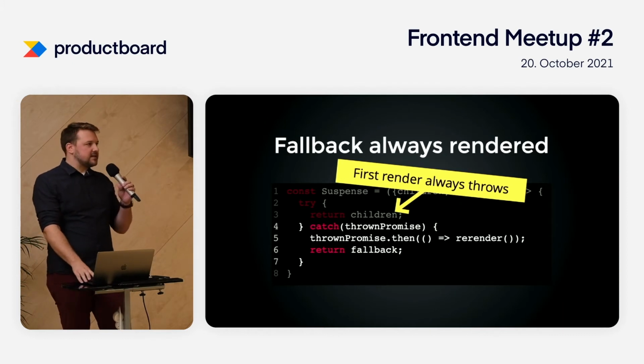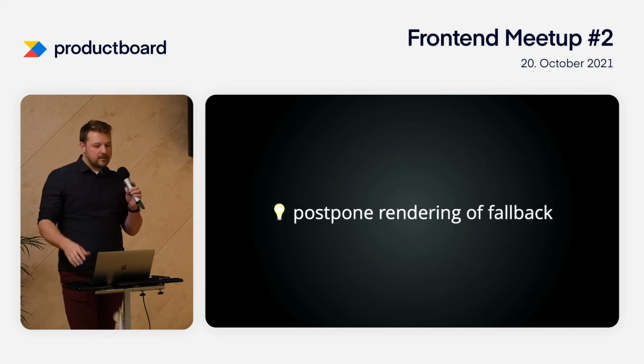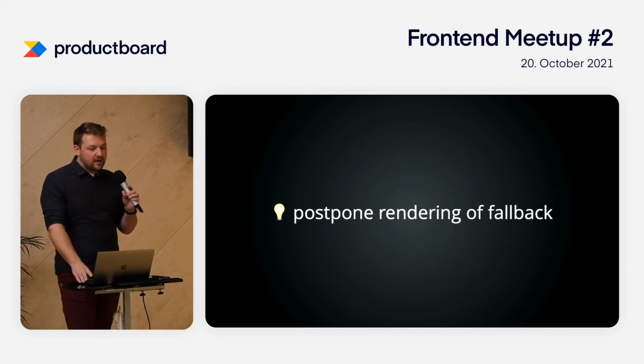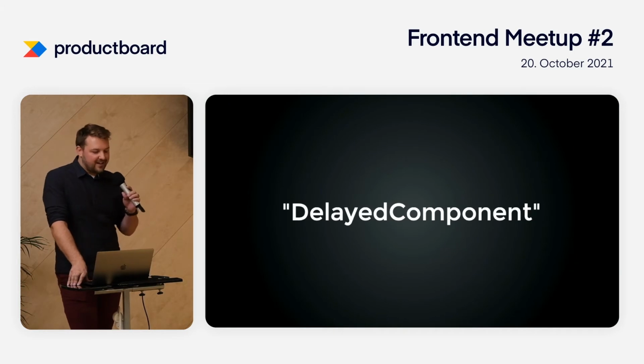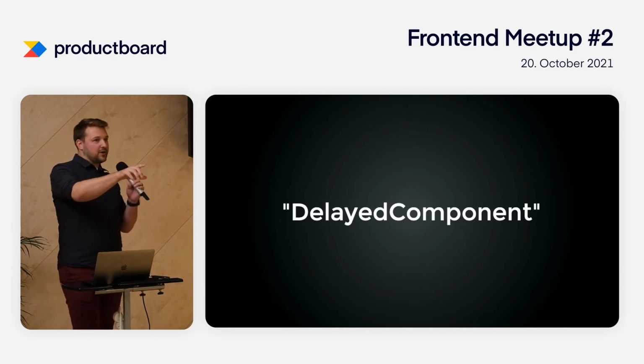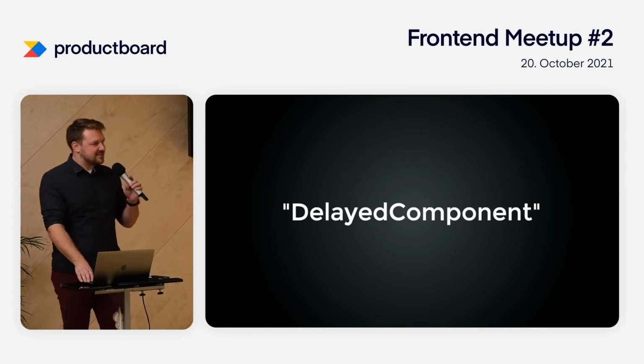So we got this idea to postpone the rendering of the fallback to avoid this behavior, and we came up with something we called a delayed component. I will show you the code, and it's really easy. One of my colleagues called it a masterpiece of engineering.